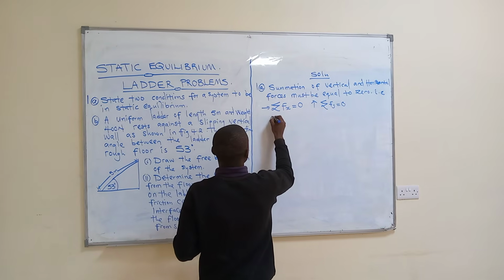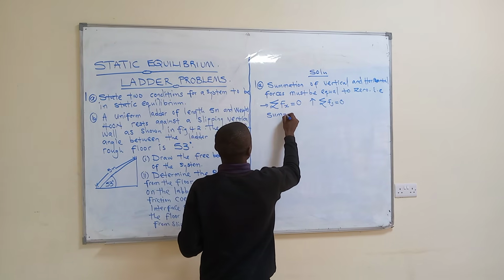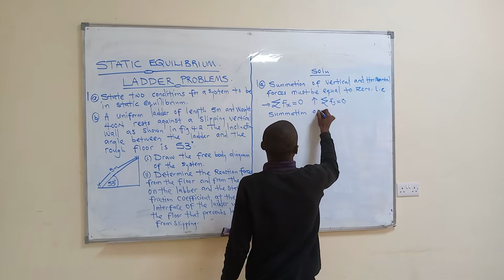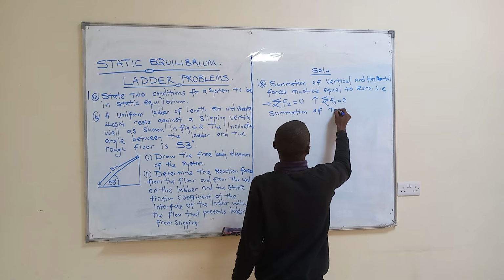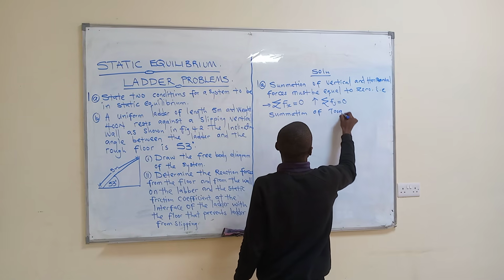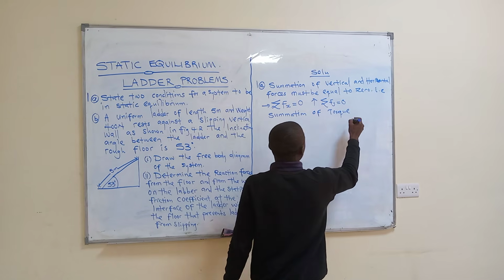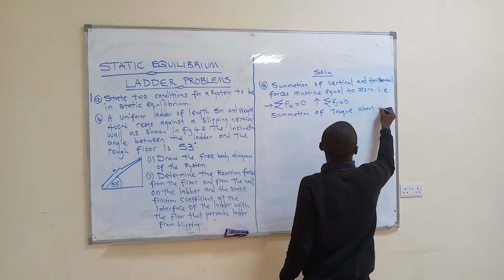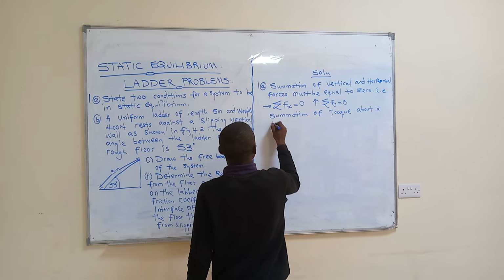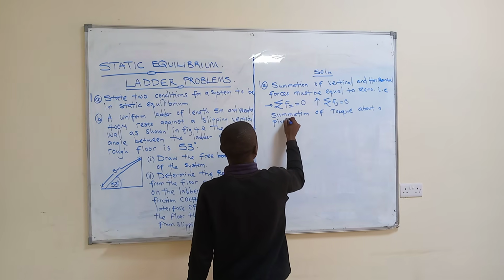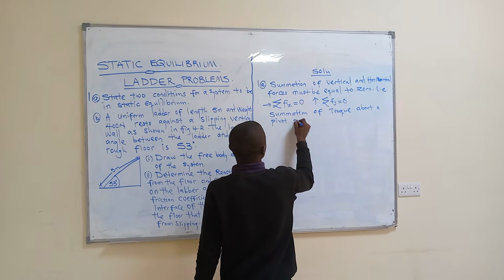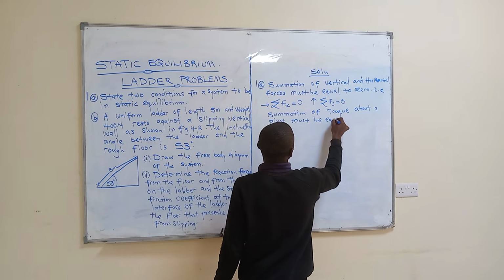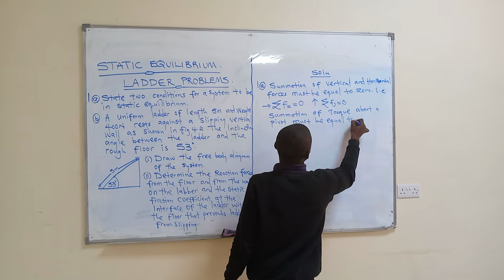The second one, that is summation of torque about a pivot must be equal to 0.